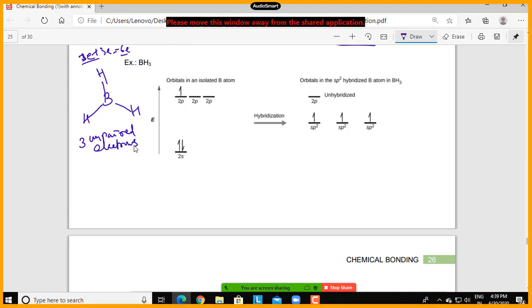So while forming bond, you have to remember two basic conditions. Should I tell you two basic conditions? That is condition number 1.